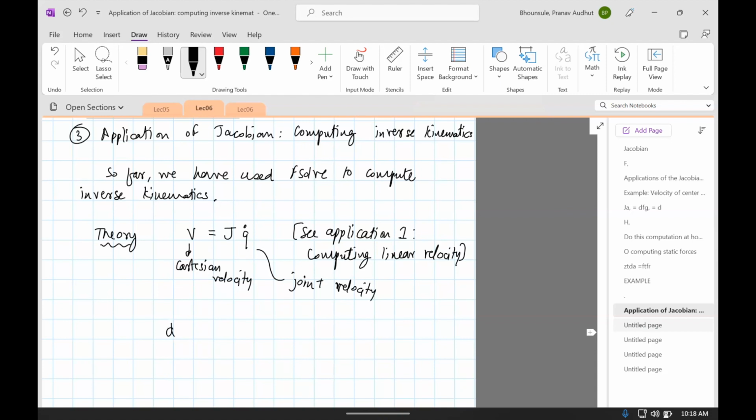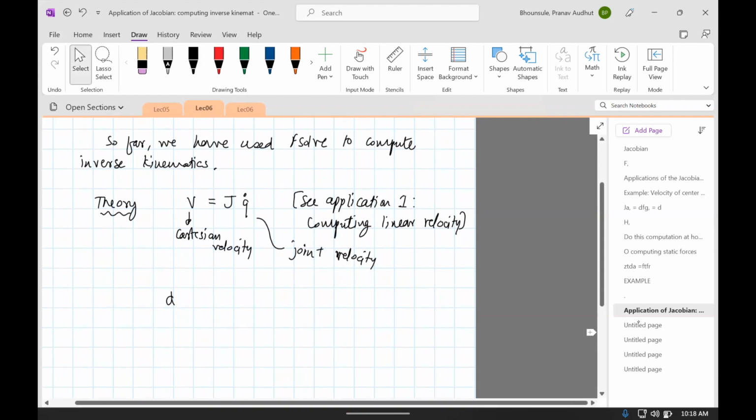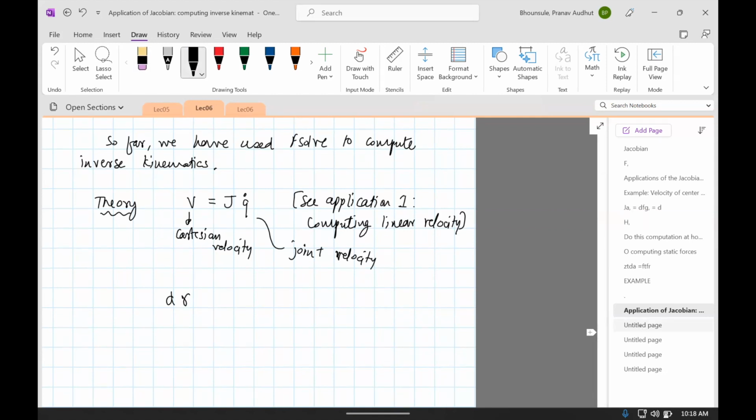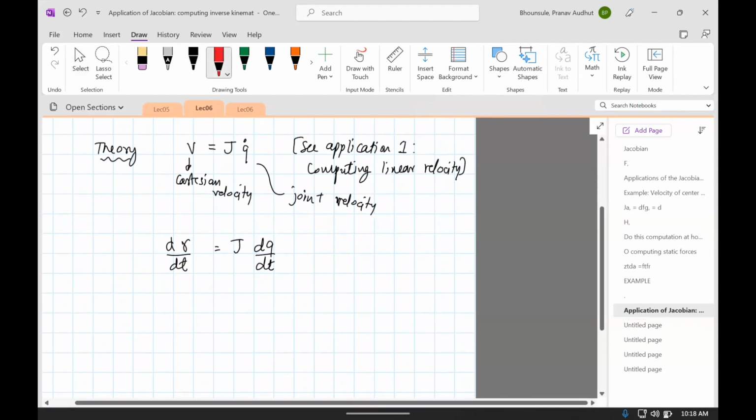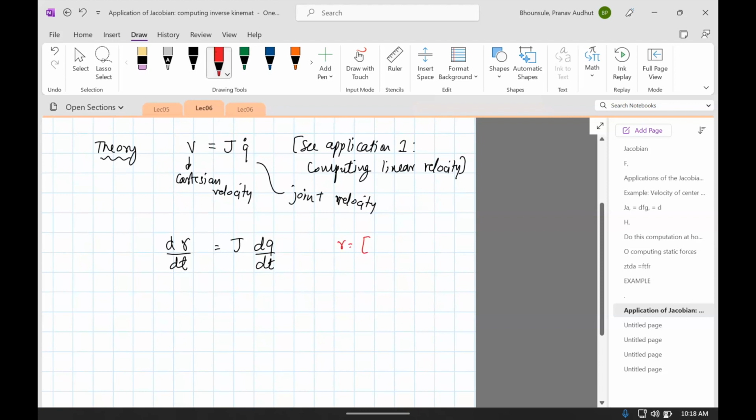Let's write it as dr/dt equals J times dq/dt, where r would be something like x, y, and q would be theta 1, theta 2, and so on, depending on how many links you have.